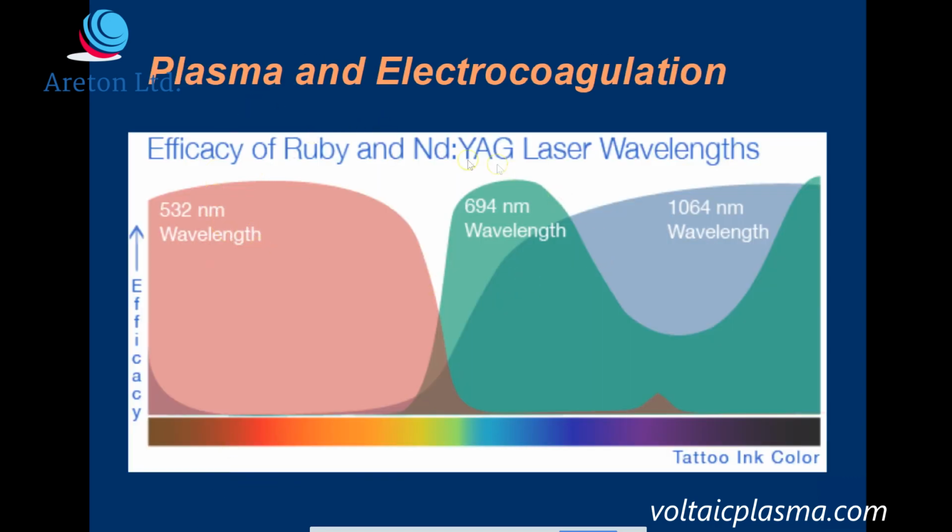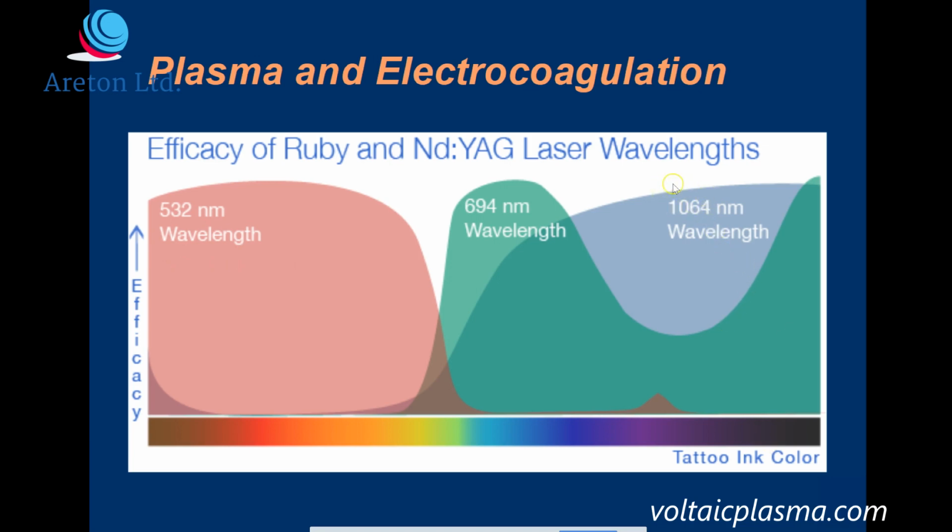Then in this slideshow, all we're doing is showing you an example of where the wavelengths of certain lasers are effective on certain colors. Say, for example, this wavelength is effective somewhat up to almost red, yellow.